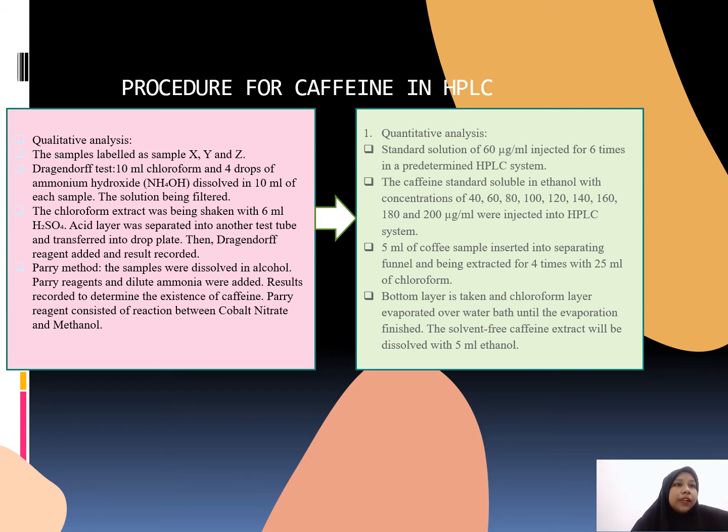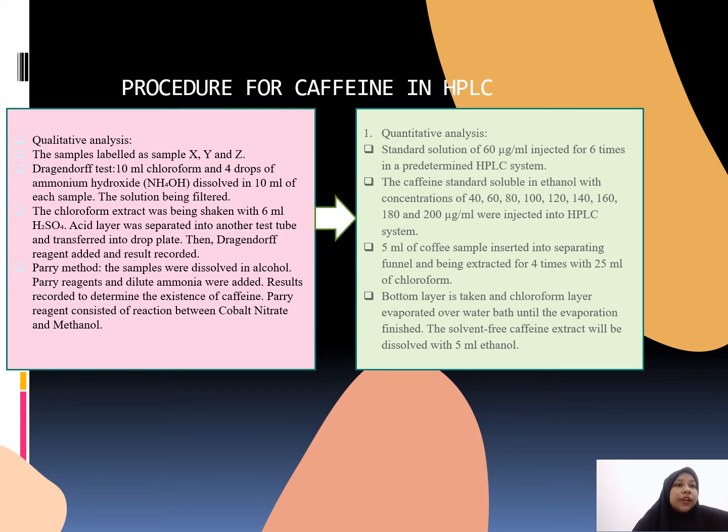The caffeine standard soluble in ethanol with concentrations of 40, 60, 80, 100, 120, 140, 160, 180 and 200 microgram per ml were injected into the HPLC system.